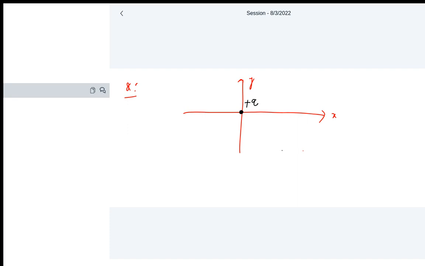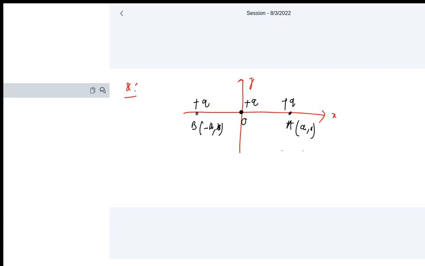At position A, the coordinate is (a, 0), and at the other position, the coordinate is (-a, 0), there is also a positive charge plus Q. This is the configuration.